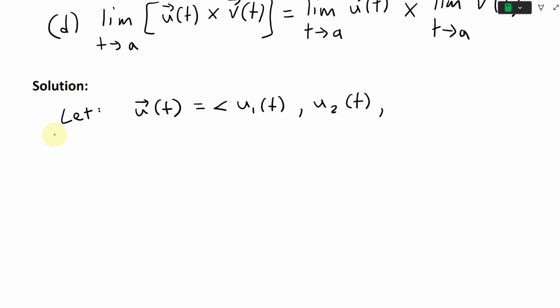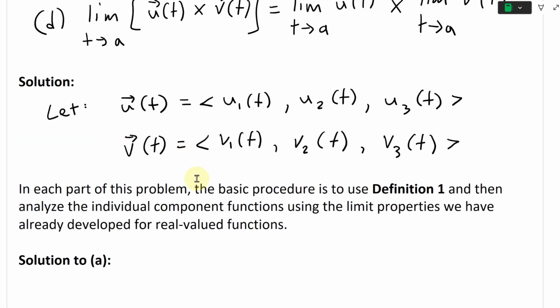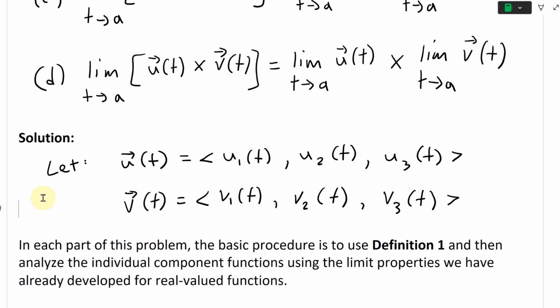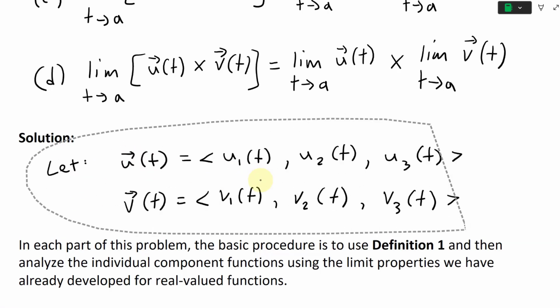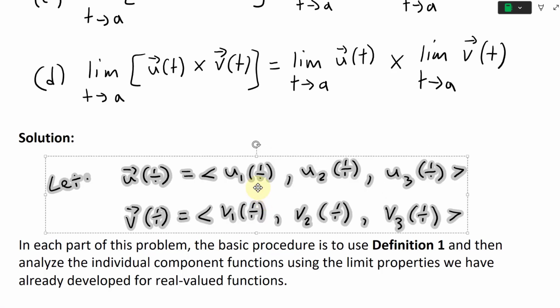Likewise for v of t, this equals v1 of t, v2 of t, and v3 of t, like that. Basically we define these, and I'm going to fix this up a bit and move this right here, a bit higher.